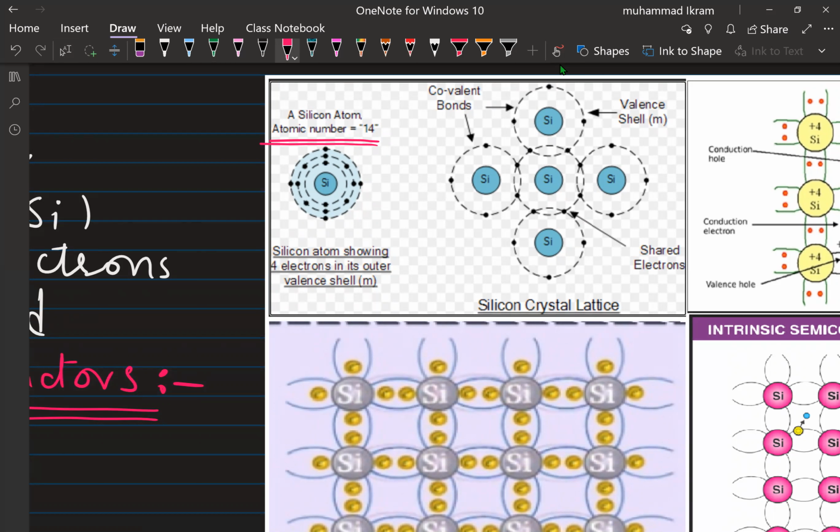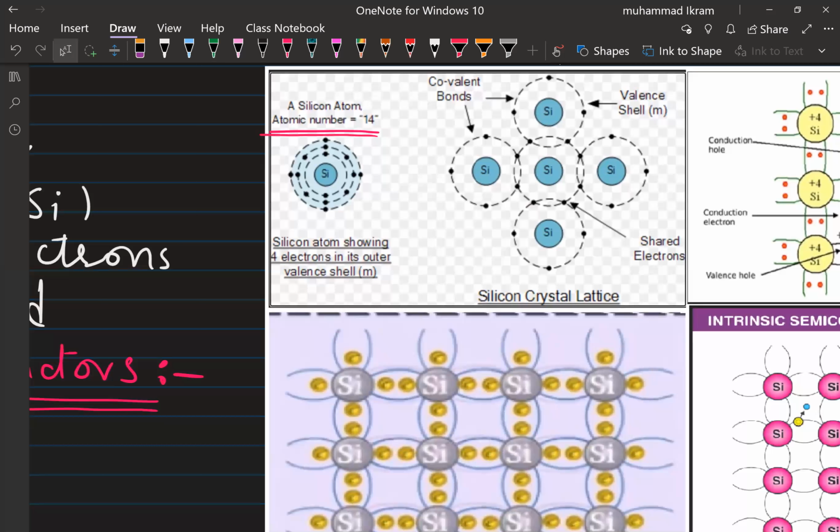Due to the covalent bond structure, the sharing of pairs of electrons, they all share electrons with each other, as you see here.